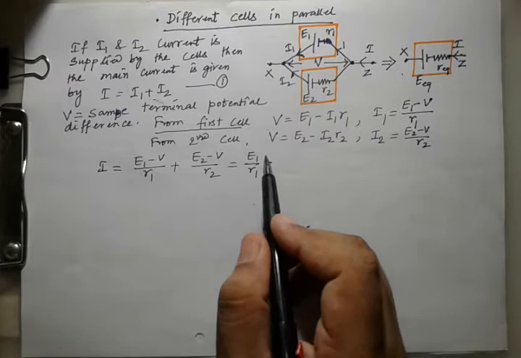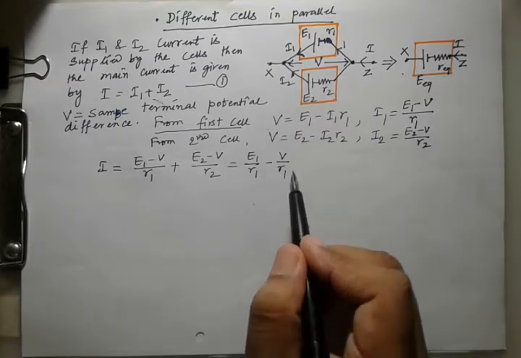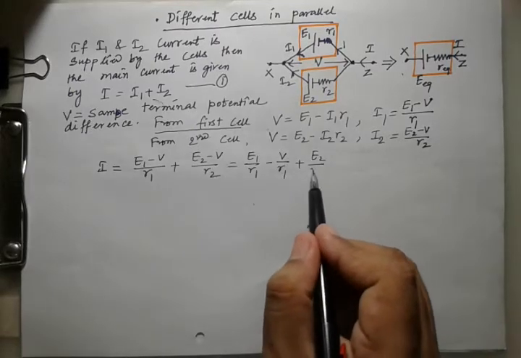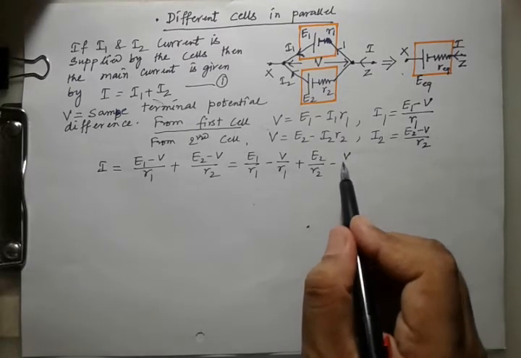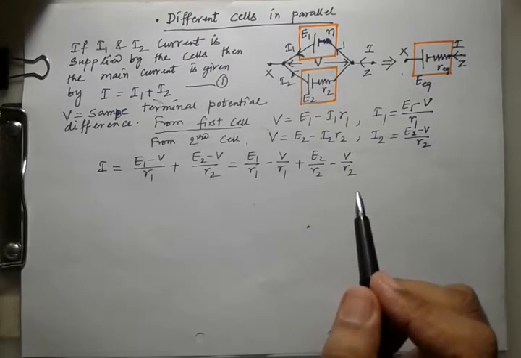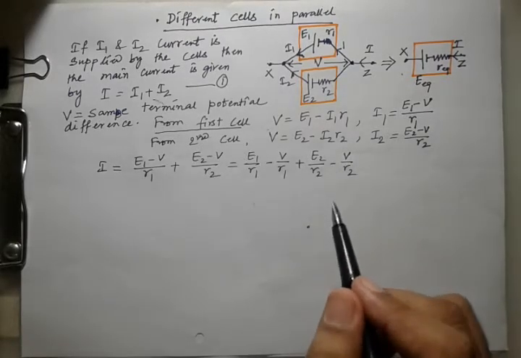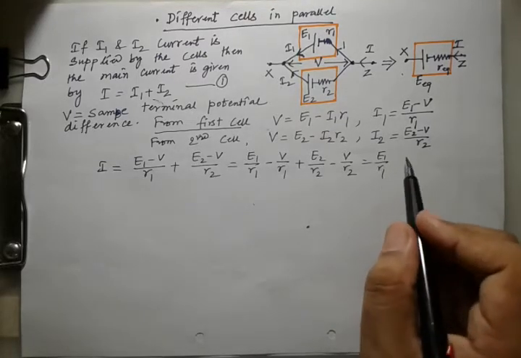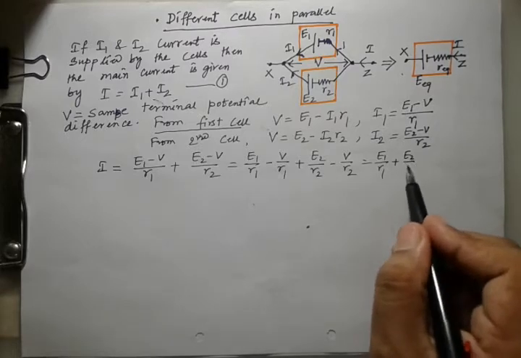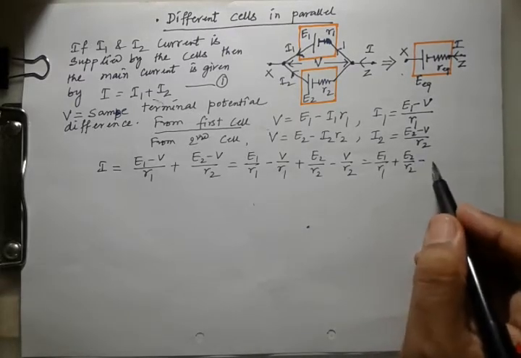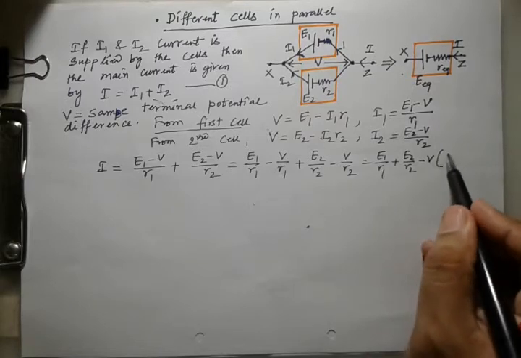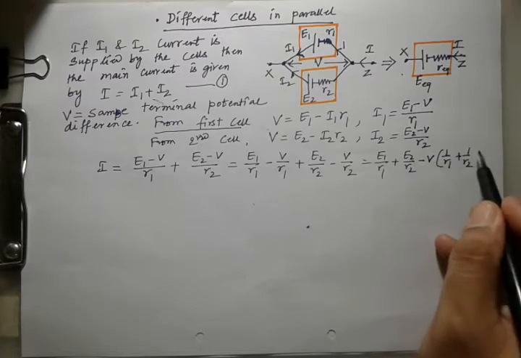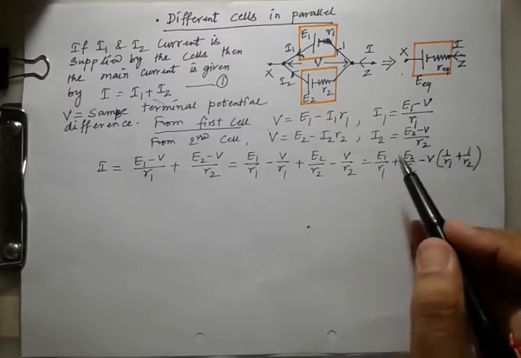So E1 by R1 minus V by R1 plus E2 by R2 minus V by R2. We take this as E1 by R1 plus E2 by R2 minus V times 1 by R1 plus 1 by R2.